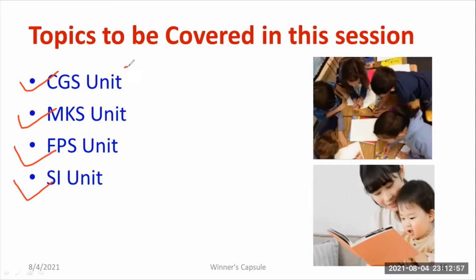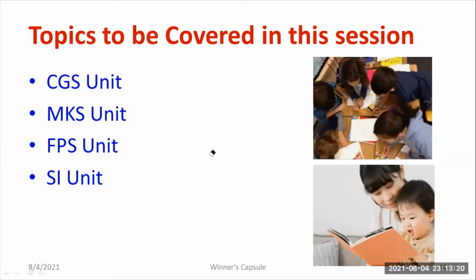Students, we are going to discuss the meaning of each type of unit, and you should be able to give examples as well. This is very important because as a student, you need to understand what the different types of units are.